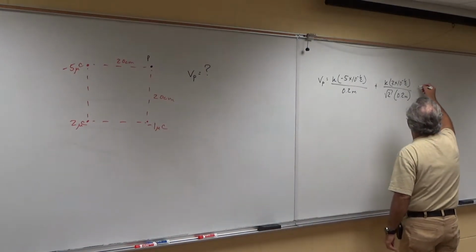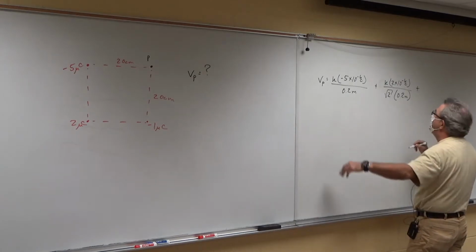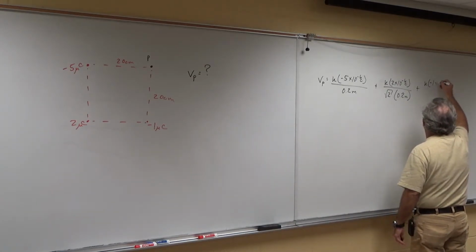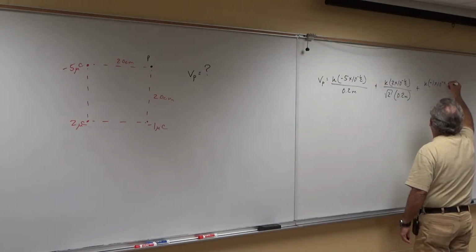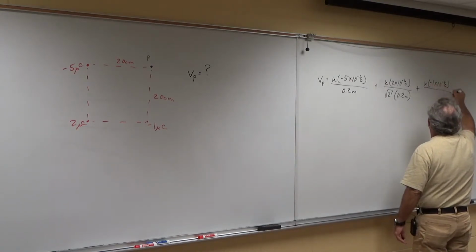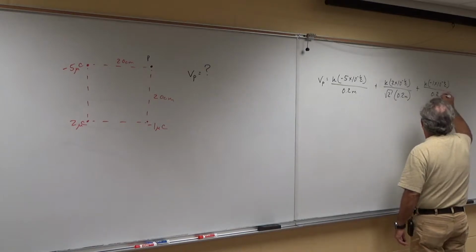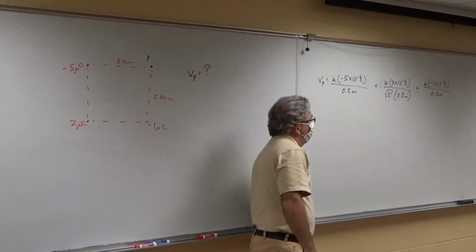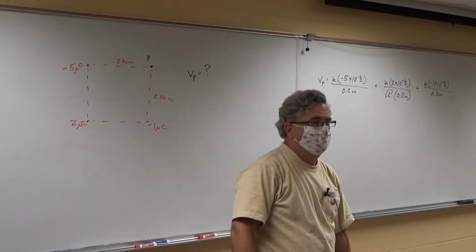Plus the one at the bottom right, K, -1 times 10 to the -6 coulombs divided by 0.2 meters. Add them up. That's it.